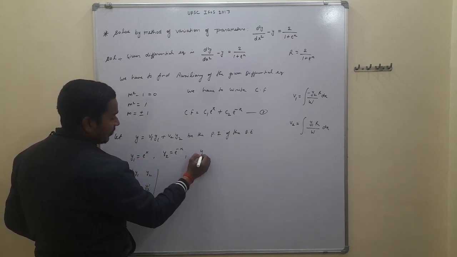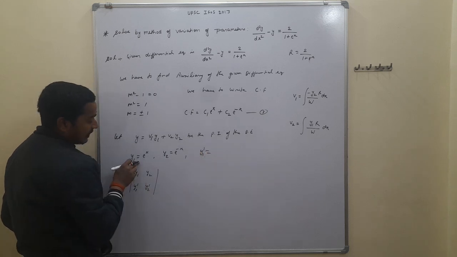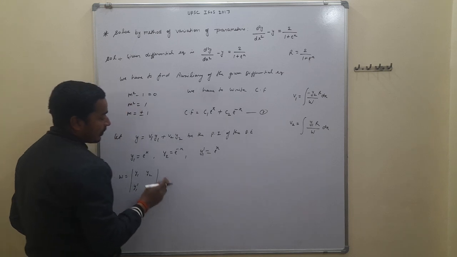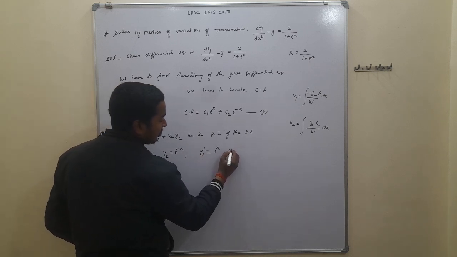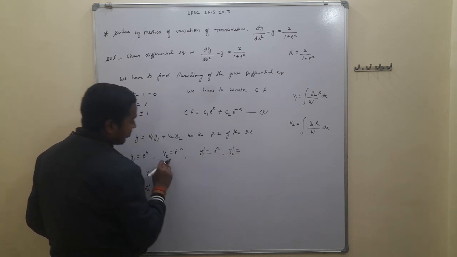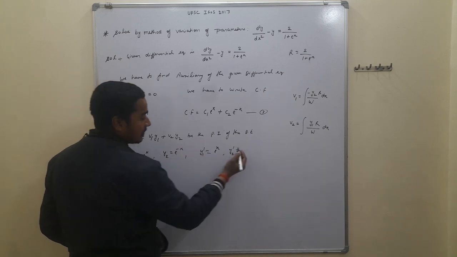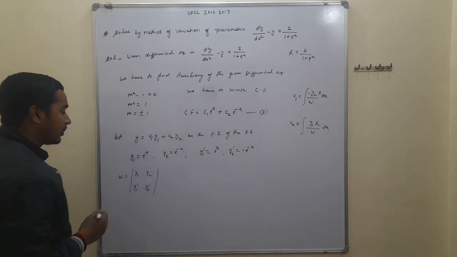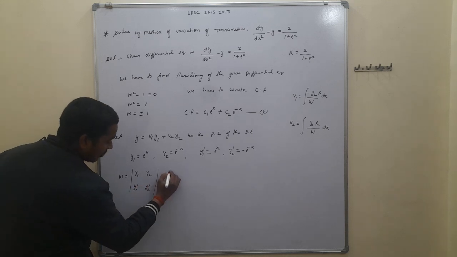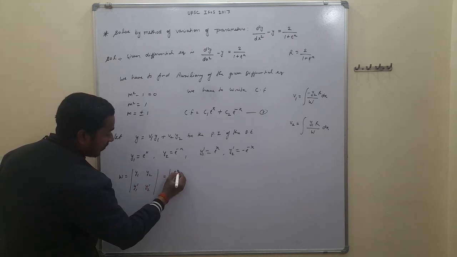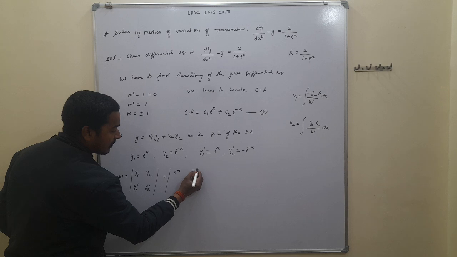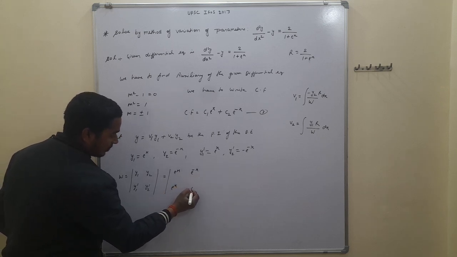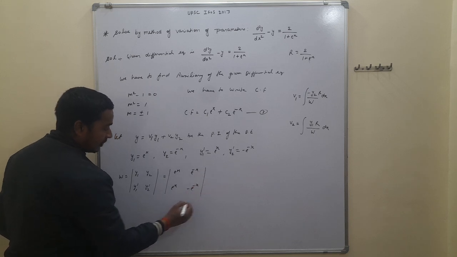On differentiating y1 with respect to x, y1 dash is e to the power of x, and on differentiating y2 with respect to x, y2 dash is minus e to the power of minus x. We put y1 is e to the power of x, y2 is e to the power of minus x, y1 dash is e to the power of x, and y2 dash is minus e to the power of minus x.